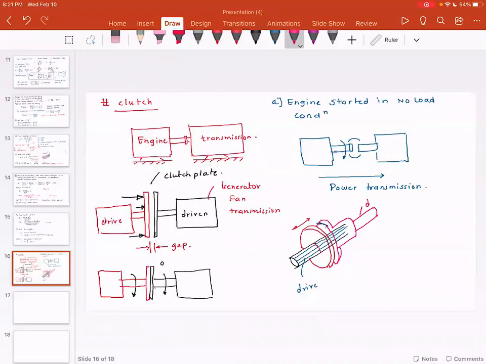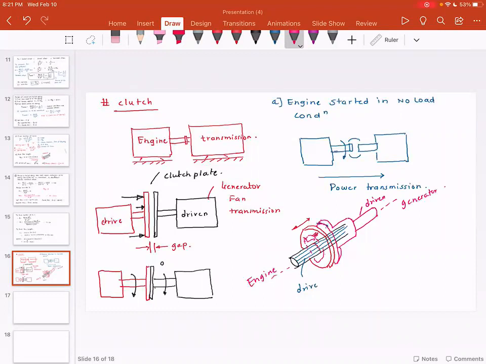This is connected to the prime mover, so engine, and maybe a generator. Now visualize that on this spline, there is some sort of a bracket that rotates along with it.